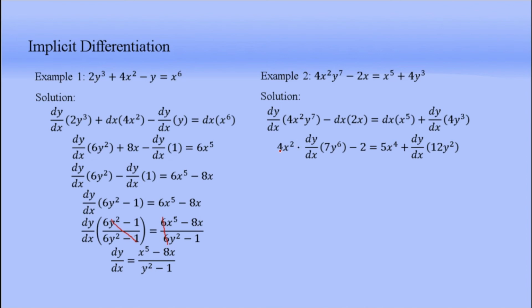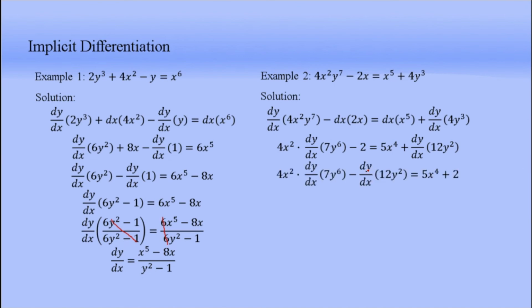This is going to be 4x squared times dy dx times the derivative of y raised to the 7th power, so that is 7y raised to the 6th power, minus the derivative of 2x, so minus 2, equals the derivative of x raised to the 5th power, which is 5x raised to the 4th power, plus the derivative of 4y, which is 12y squared.